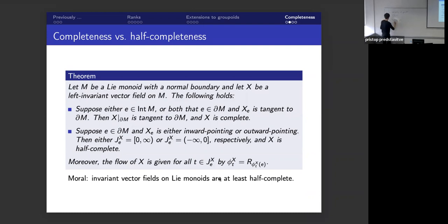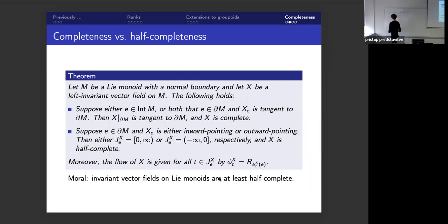So in this case, what we're going to get is that J_E X contains an open interval around 0. So we have these two different cases.